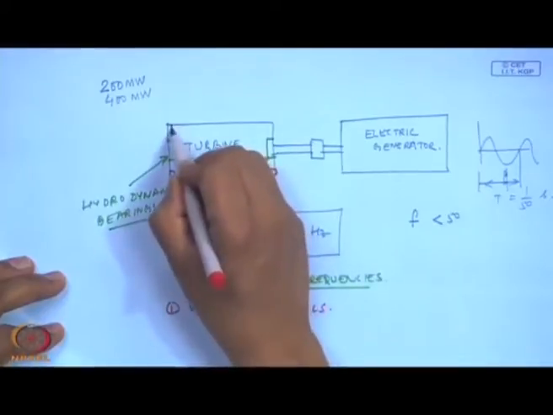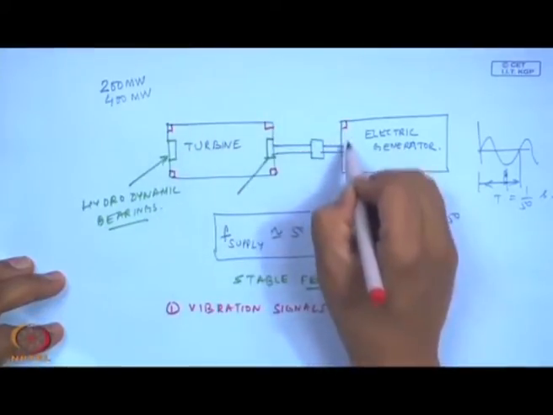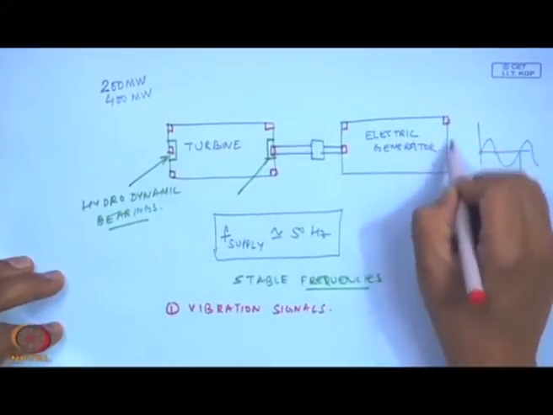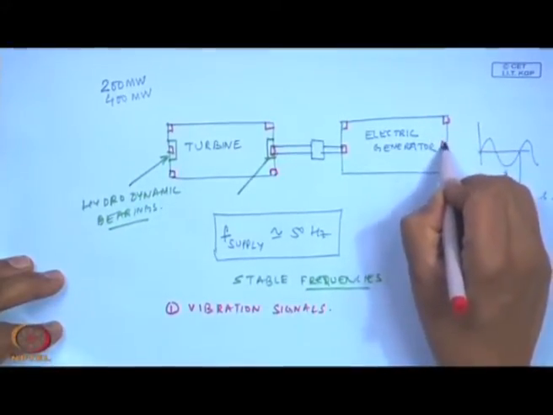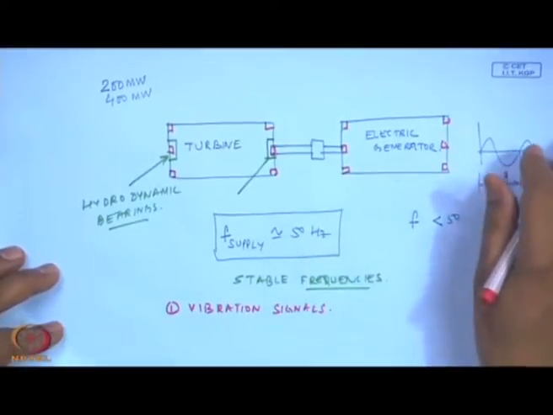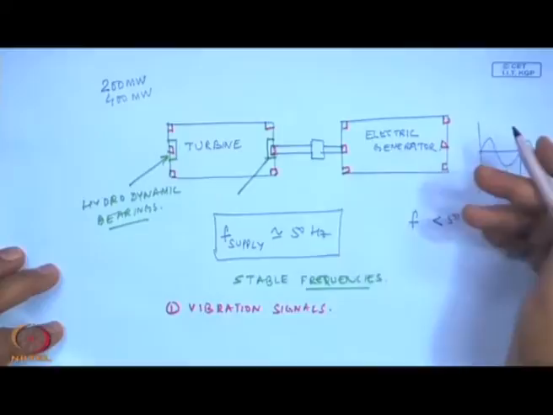Okay. These are all the locations where you can mount transducers and so on. But the problem in a nuclear plant is that this is not accessible. The problem in a submersible pump is that the pump is not accessible. So, that is something we will discuss later on.